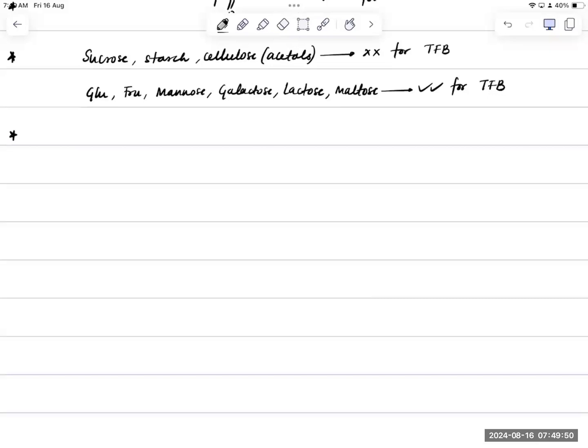Next, glyoxal, CHO and CHO, and benzaldehyde. These two do not have an alpha hydrogen directly. With respect to that carbon, I need to have an sp3 hybridized alpha hydrogen. As long as an sp3 hybridized alpha hydrogen is not there, they give negative test for Fehlings and Benedict, but they give positive test for Tollens test.